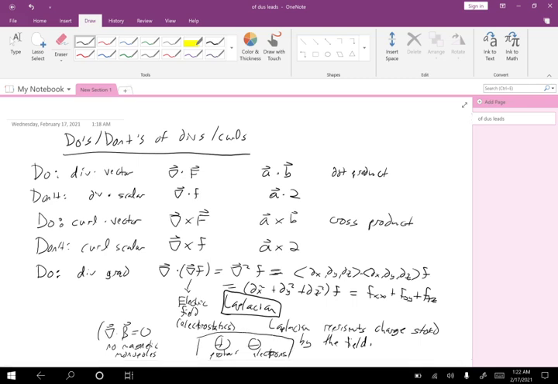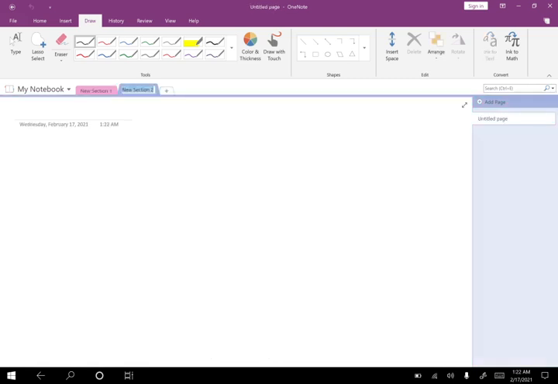So, what's another do? You can take the gradient of a divergence. So in other words, you can take del of del dot capital F. I'm not going to write what this thing is, because that very, very rarely ever shows up.